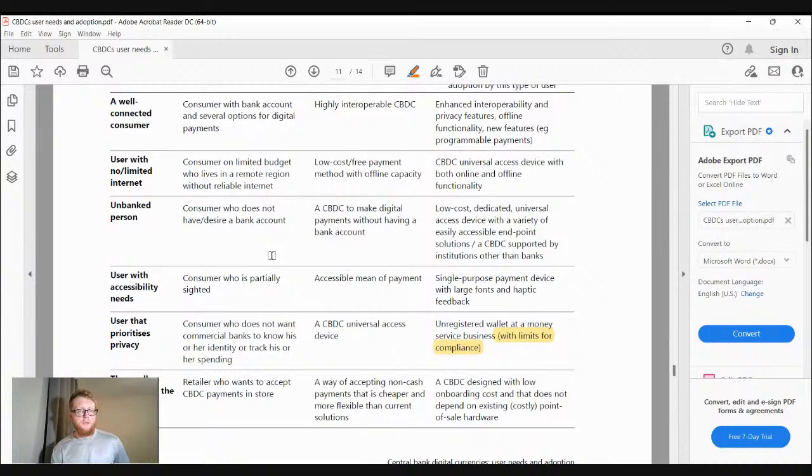So basically, consumers who do not have or do not have the desire to have a bank account, right? And so a CBDC can be used to make digital payments without even having a bank account. And so for me, I never really understood why certain people were unbanked or whatever. And by certain people, I'm not saying a specific person.